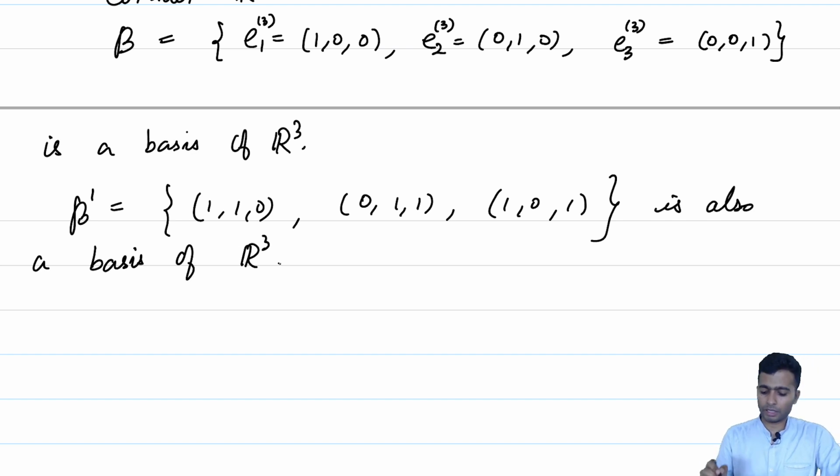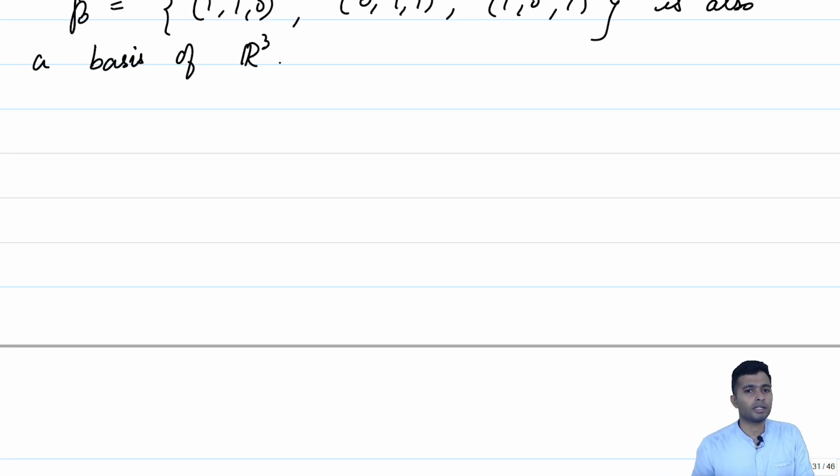Well, you can spend your time to construct many fancy bases of R3, but again, no matter what basis you come up with, you will always notice that the number of elements in the basis is 3 in the case of R3. So, this stems from a deeper fact that if you have a vector space which has a basis consisting of finitely many elements, then every basis should have the same number of elements.